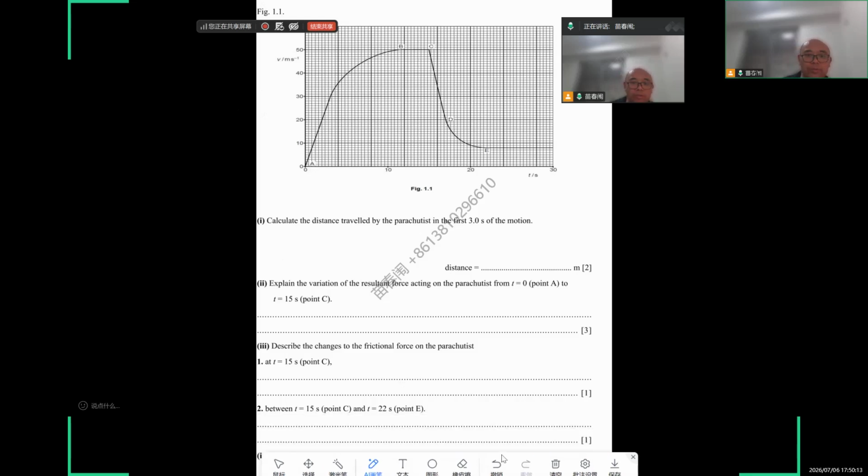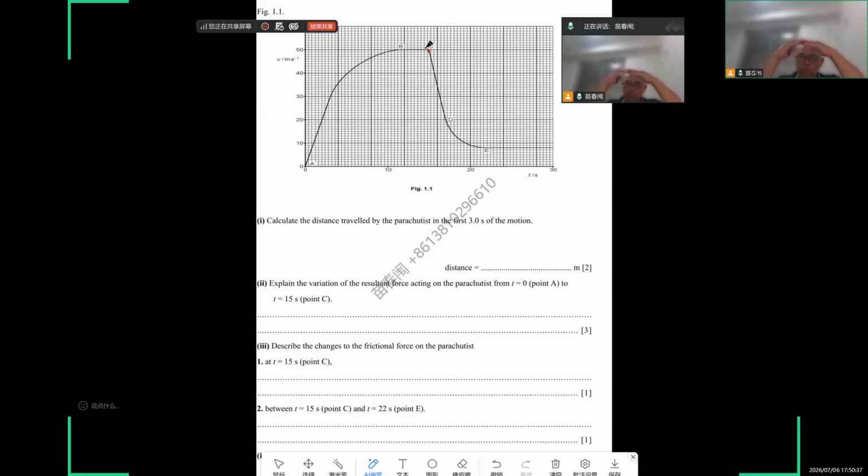Describe the change to the frictional force on the parachutist at t equals 15. Oh, that's when the parachute opens, right?